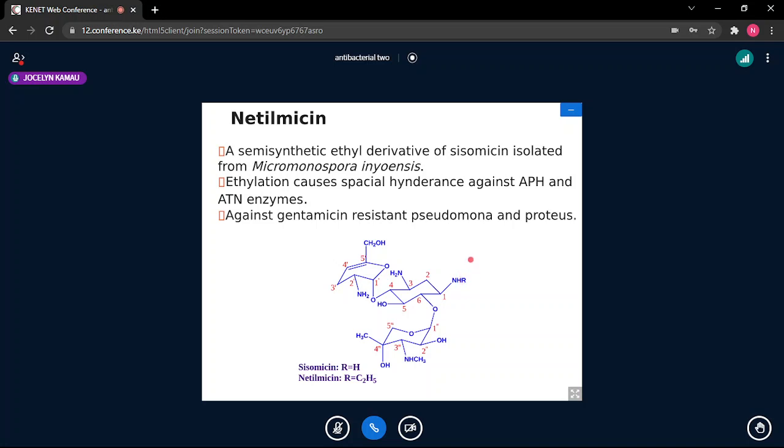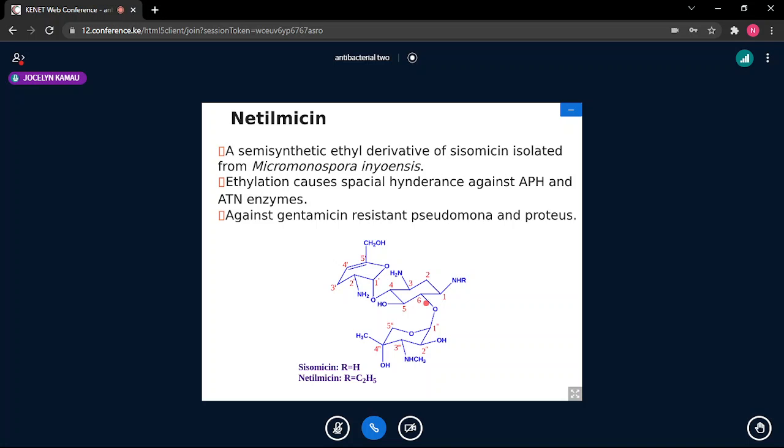So we are only saying when you introduce an ethyl group there, which we are going to look at later, it introduces steric hindrance. We have mentioned steric hindrance severally. When you introduce steric hindrance, that means the enzyme that is coming in to destroy this drug, its accessibility will be hindered through addition of a big group.